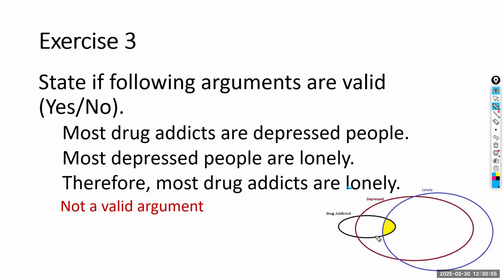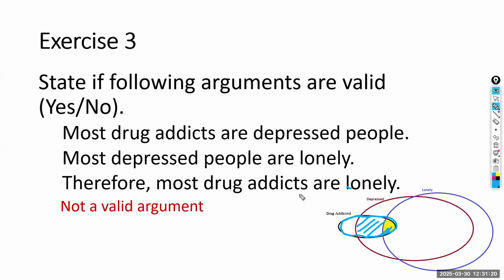This is drug addict. This is depressed. Remember, most drug addicts are depressed. You can see that most of the drug addicts belong to the depressed circle. Out of all these drug addicts, the bigger part is here and they belong to depressed.